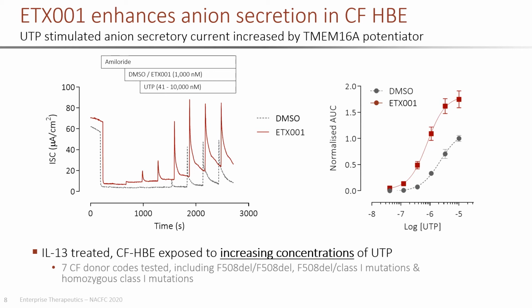And we've now undertaken these experiments in multiple different CF donor codes, including delta F508 homozygote and heterozygotes, as well as patients with mutations that are insensitive to current CFTR repair. So consistent with the fact that these types of compounds have the opportunity to work in patients currently not suited to CFTR repair.